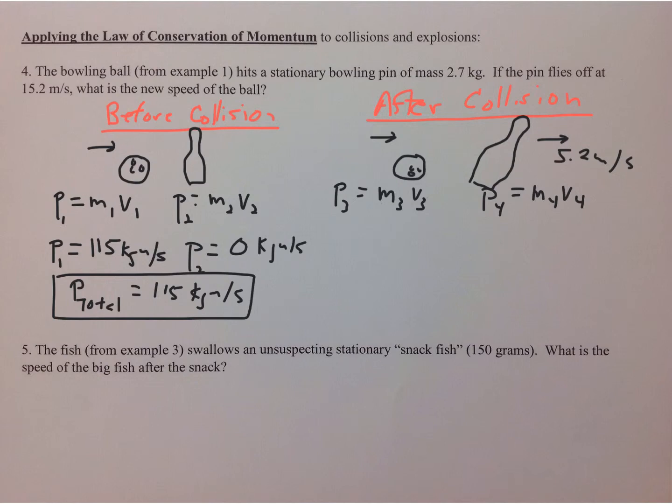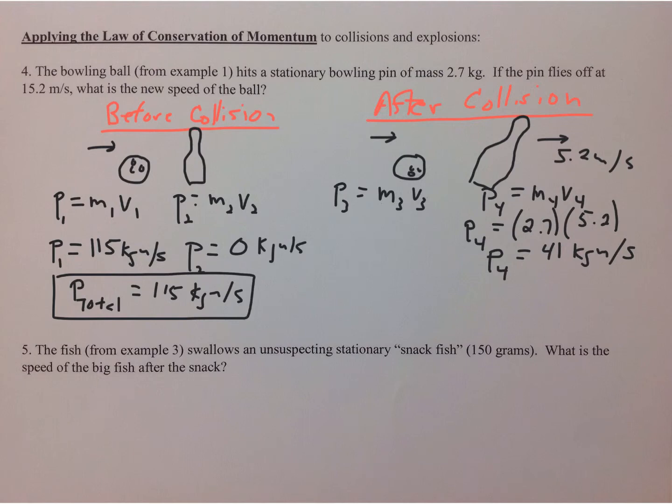Now I do know that after the collision, the bowling pin, P4, is its mass, which is given in the problem to be 2.7 kilograms, times its final velocity of 5.2 meters per second. So the momentum of the bowling pin after it's struck is 41 kilograms meters per second to the right. Now, all the momentum here is to the right.